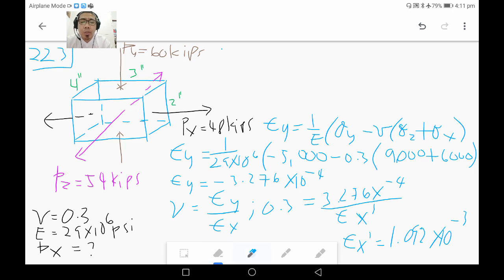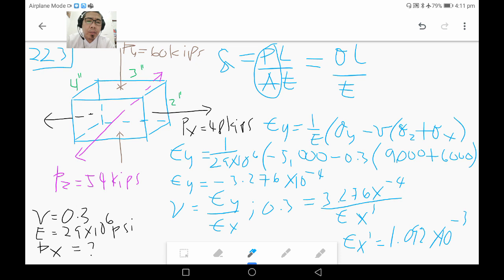So, and recall that deformation is also equals change in length. Pares lang yan sila, no? Deformation equals PL over AE. No? And notice that this is stress. So we can say that stress L divided by E. Diba?